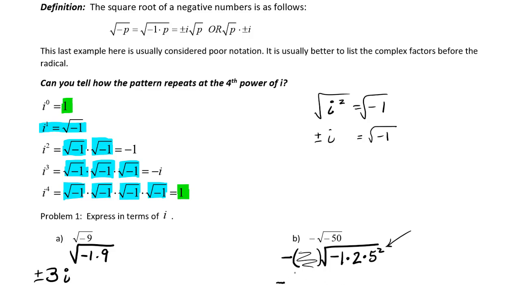So we'll have negative plus or minus 5i root 2. Now I can rewrite this as a negative times a positive is a negative, and a negative times a negative is a positive. So we'll just say minus plus 5i root 2.